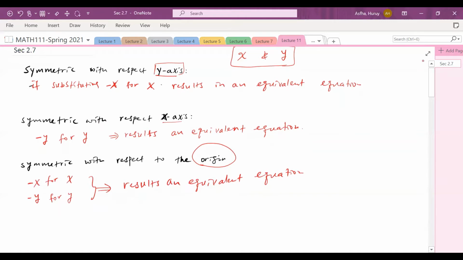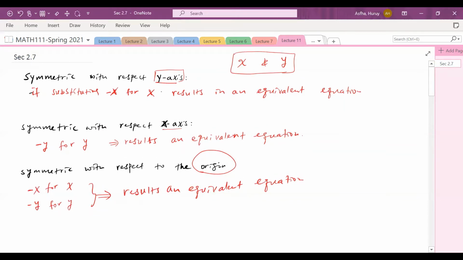Now, for example, a simple example, let's consider y equals x squared. Right, this is a parabola. Now, if you substitute negative x for x, then we get y equals negative x squared, which is still x squared.